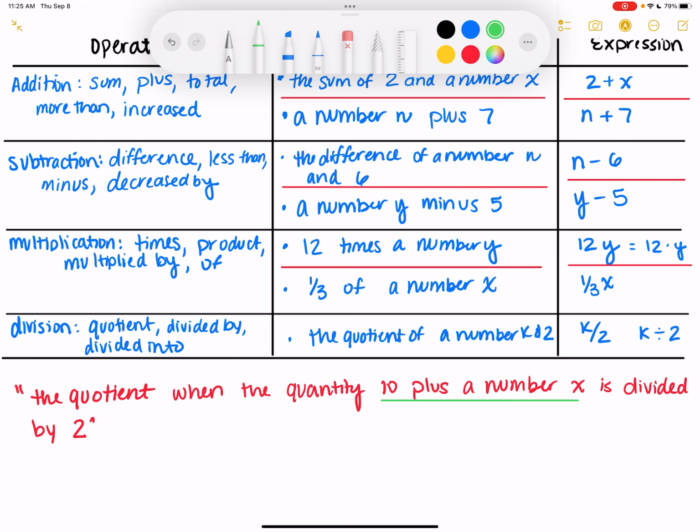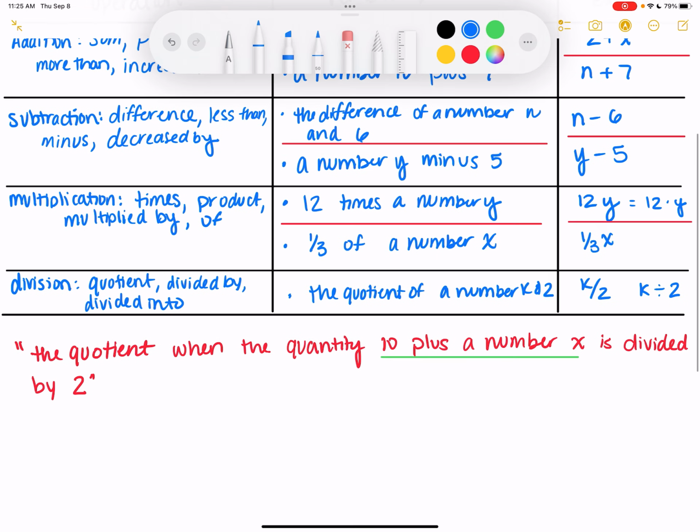So what that's going to look like is 10 plus x, and then is divided by 2, so then we'll write that whole thing over 2, and that's what it would look like. So pretty much all the problems in this section are going to have stuff like that, where you have to write those like that.